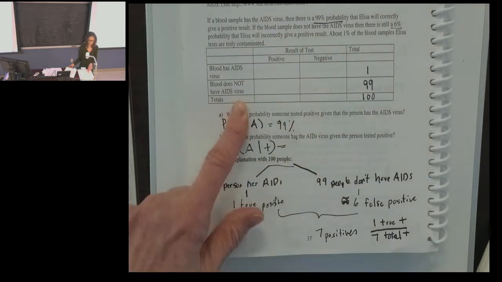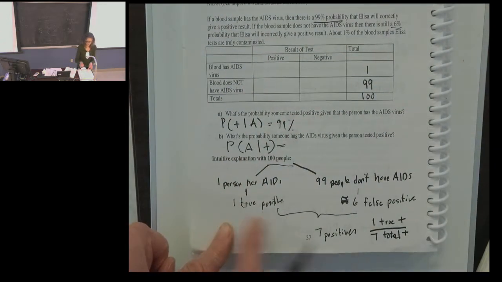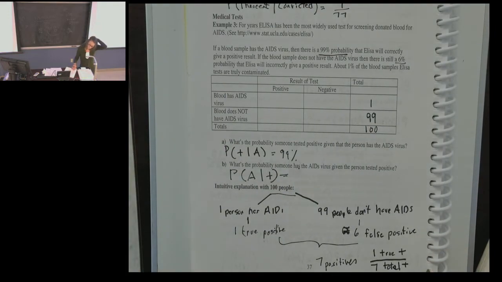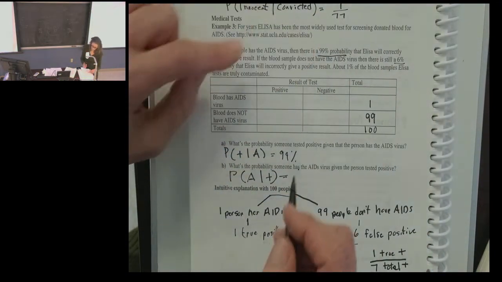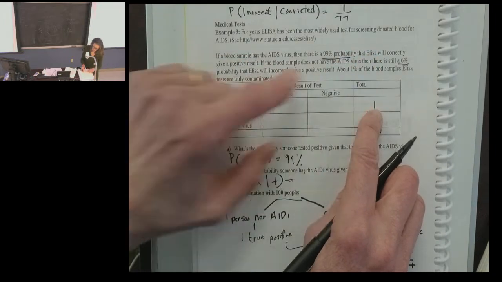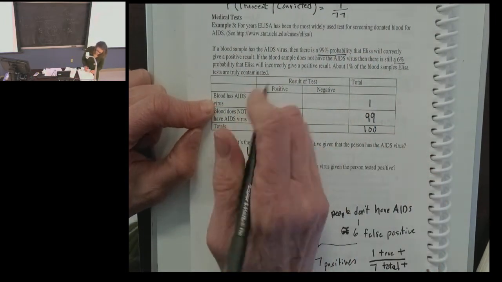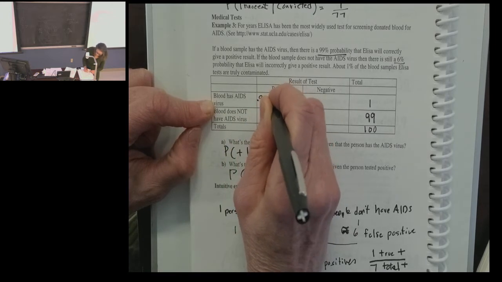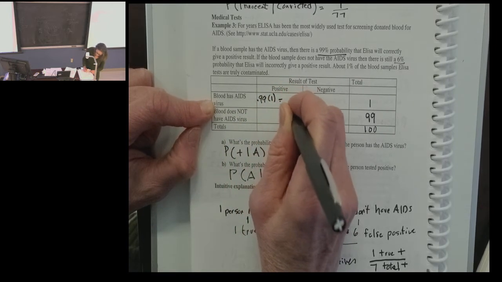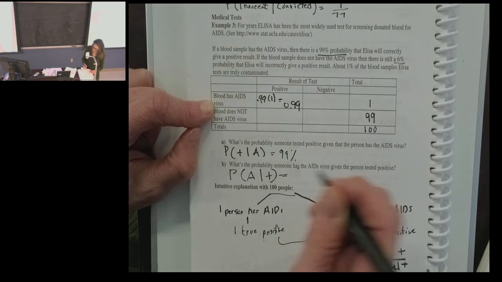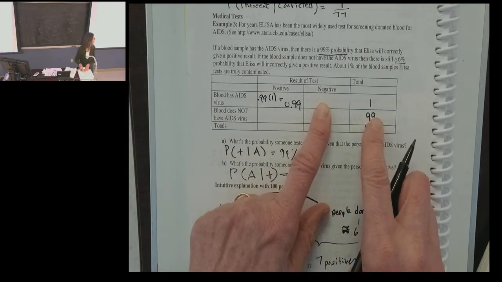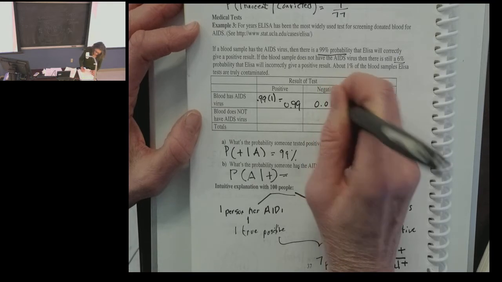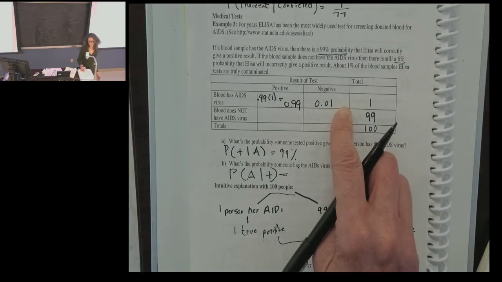So let's fill out the chart here. This was just the intuition, and now let's do what we know. All right, so this 99% says that if you have AIDS, 99% of the one, so we have 0.99 there, and that means they have to add to 1, so only 1% will get a negative.